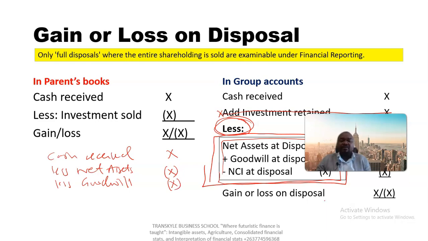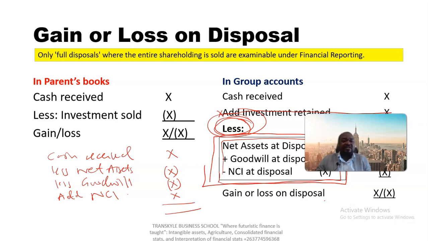However, when you arrive at the NCI at disposal, you need not say less, because if you say less, the impact will be very different and wrong. So for it to be correct, you have to say add NCI at disposal. Which means the NCI there should be positive. Otherwise, if you want to use less NCI there, then you just have to go with the single less on top there.